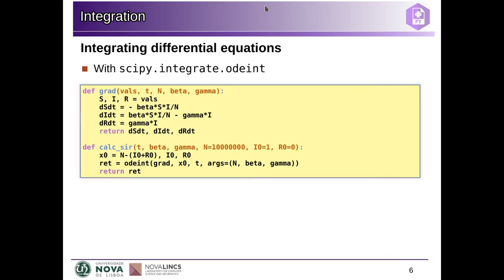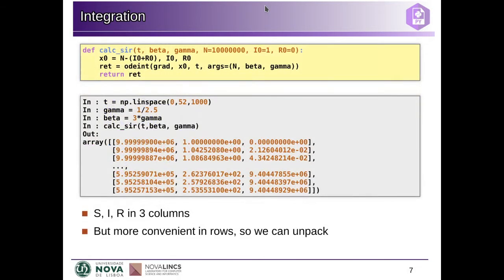And now we return the results, and so we can test this. Let's create 1 year of weeks, so from 0 to 52, but we want to compute the SIR values in 1000 points uniformly distributed in those 52 weeks. Now we can create gamma, so let's say we are looking at this new coronavirus, so basically the time it takes to recover is about 2.5 weeks, so 18 days or something like that on average.